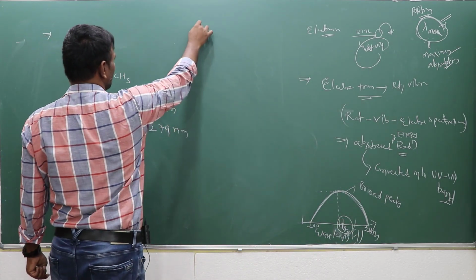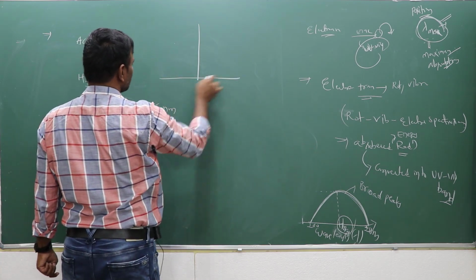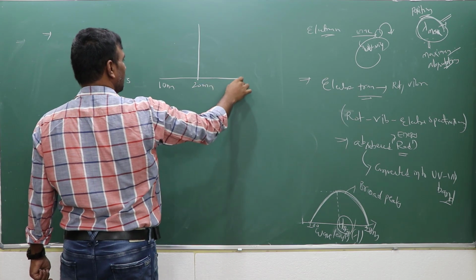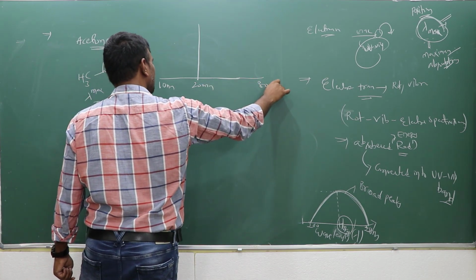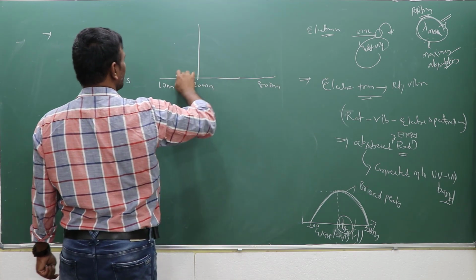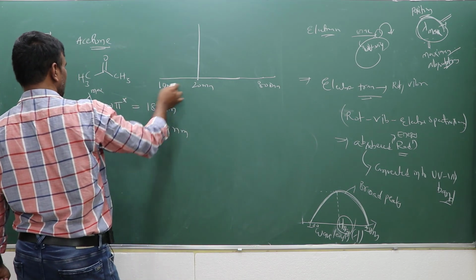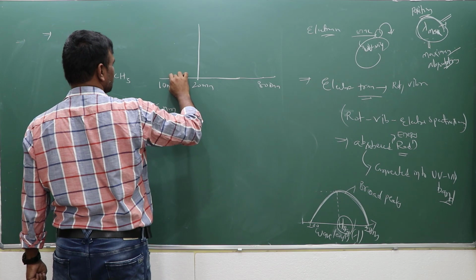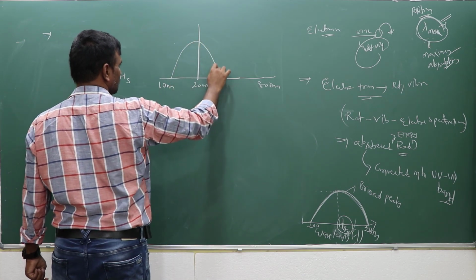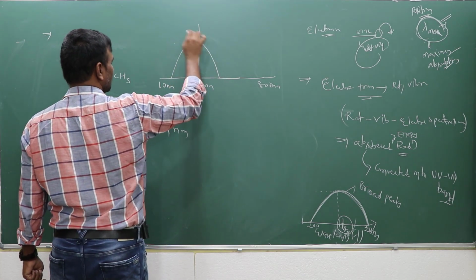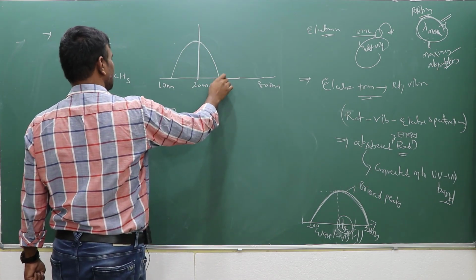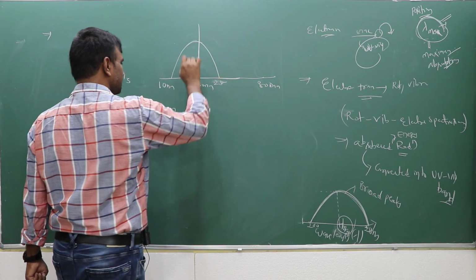So in acetone, suppose this is 200 nanometers, and suppose 800 nanometers is here. This type of signal is possible, suppose this is 250 or 230 nanometers.